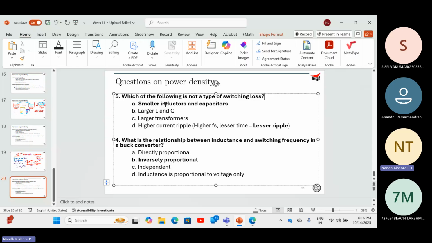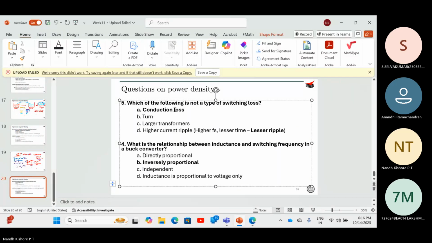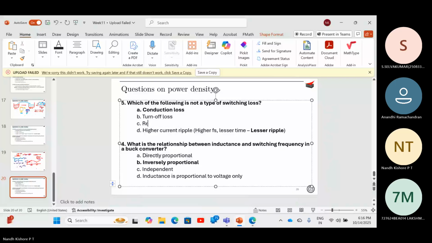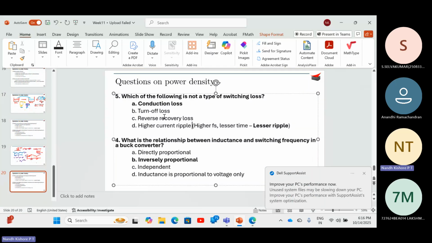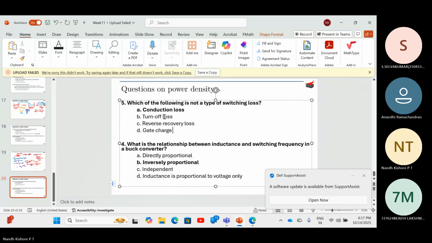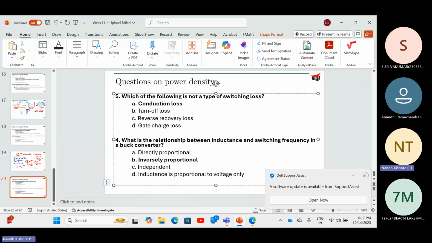The options you get are conduction loss, turn off loss, reverse recovery loss, and gate charge loss. So what is the answer for this?